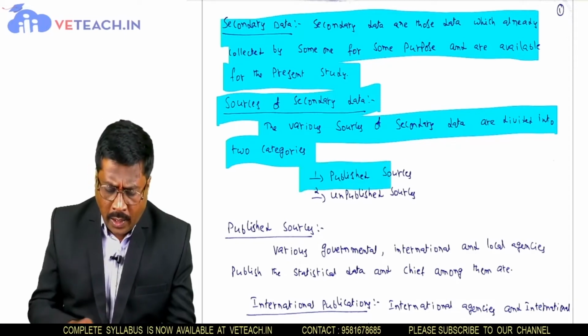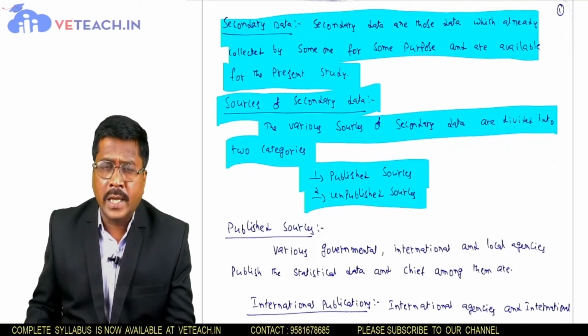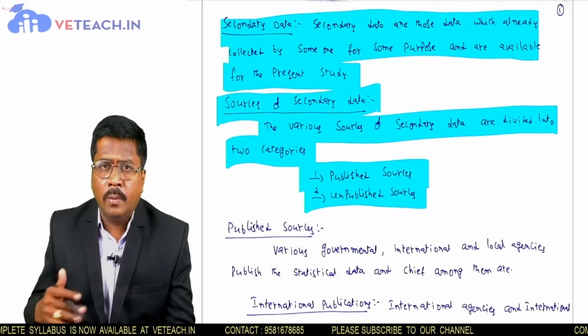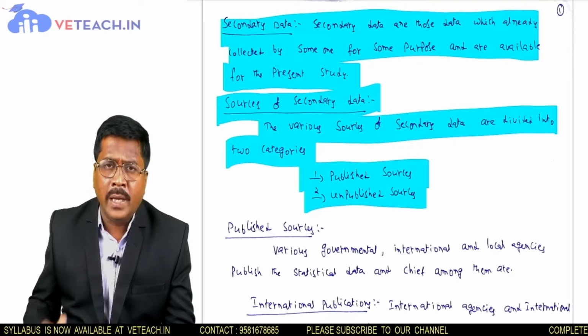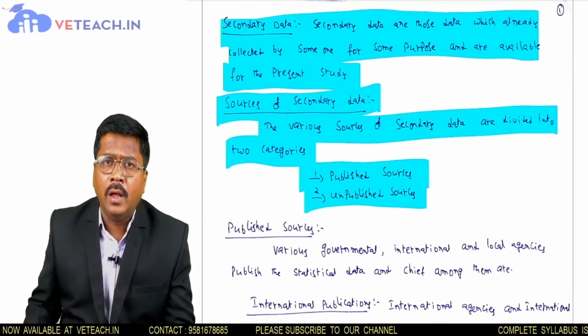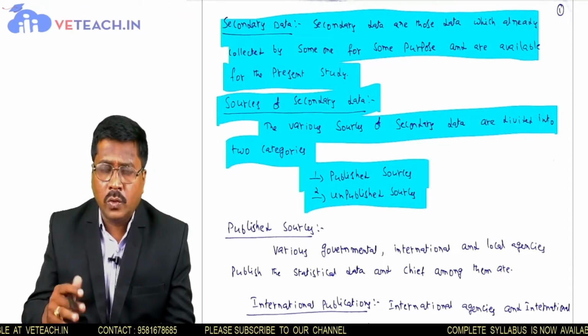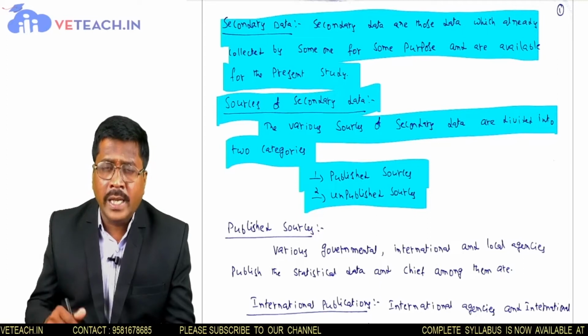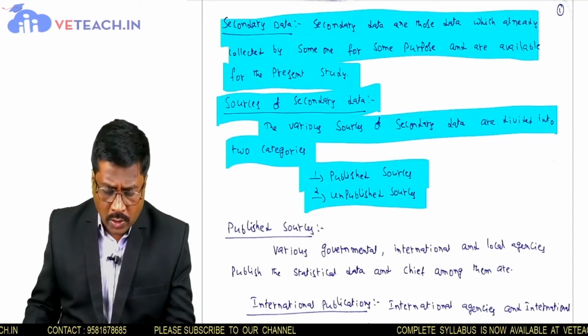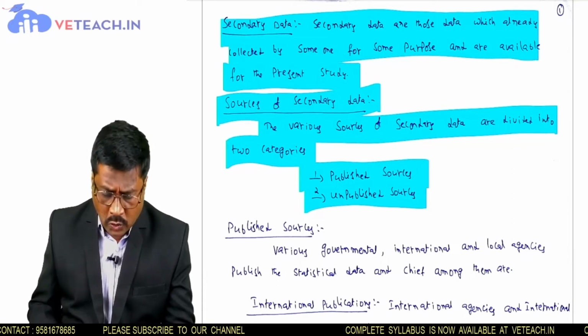For example, if a researcher has published some papers in his area, the new researchers can collect whatever data he found, and it is useful in their current research area. So it is collected from published and also unpublished sources.